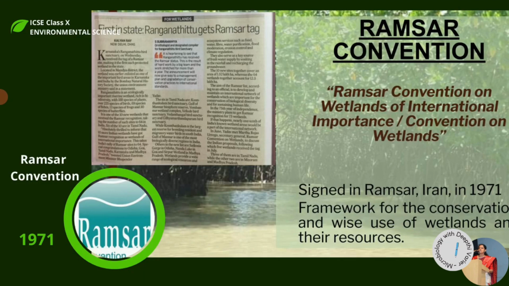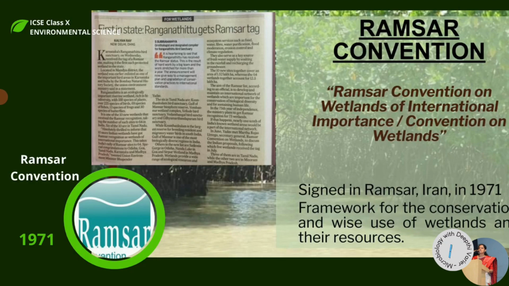To prevent people from taking over the wetlands and making settlements and factories there, in 1971 they came up with this Ramsar Convention, and every country that signs that agreement is bound to make sure that they take care of their wetlands.